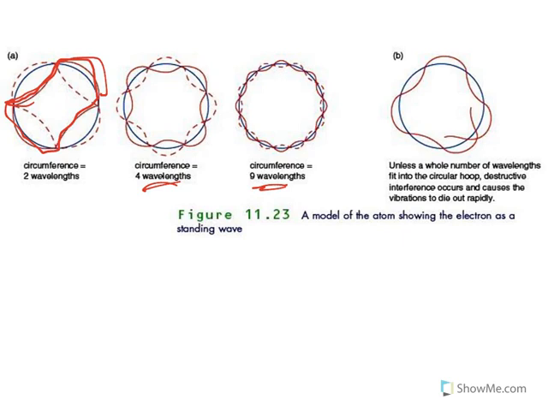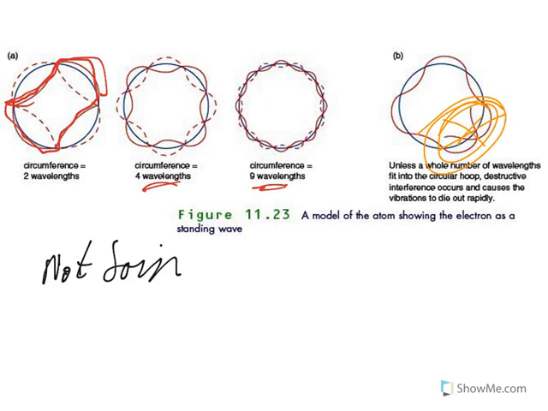But what he said was, if the number of wavelengths is not correct, you get something like this happening. Those waves don't join up, and so you end up getting destructive interference, and therefore that can't exist. Underneath that: an electron wave whose wavelength is slightly longer or shorter would not join onto itself smoothly or would quickly collapse due to destructive interference.